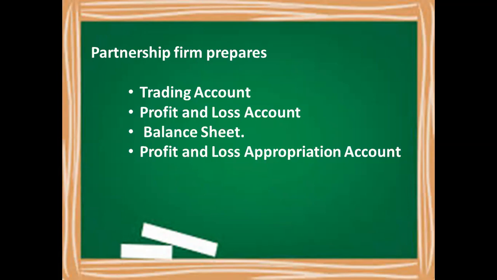This account is not required in case of sole proprietorship because whatever net profit or net loss a business earns goes directly to a single person. So it is not required in a sole proprietorship firm, but it is required in a partnership firm.